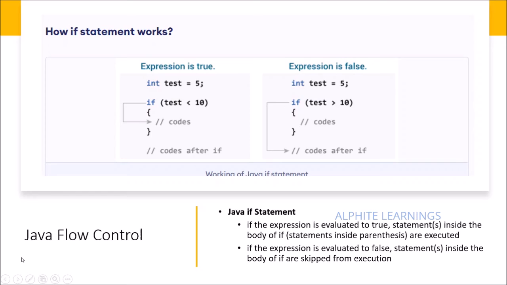Next we have Java flows. Java flow is nothing but how the execution takes place. First we'll be seeing the if statement. For example, first we are giving some integer, so we have test as 5.